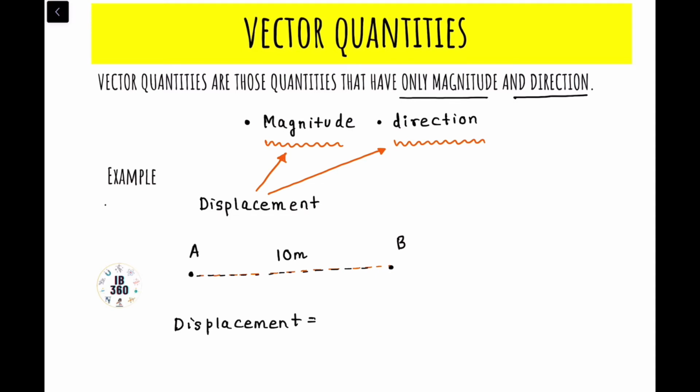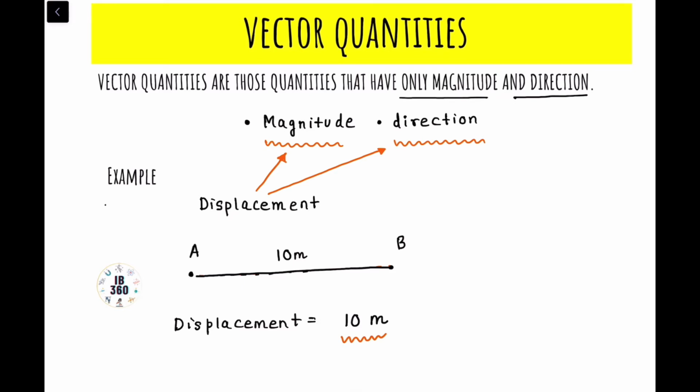It is not the length of the path, it is the shortest path. So I traveled from here to here in this path, and the displacement is 10 meters.